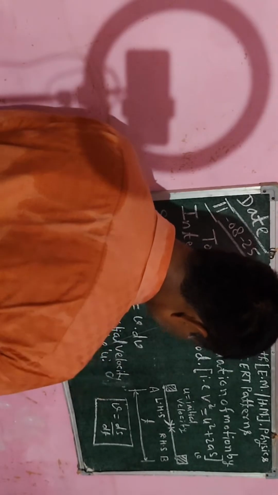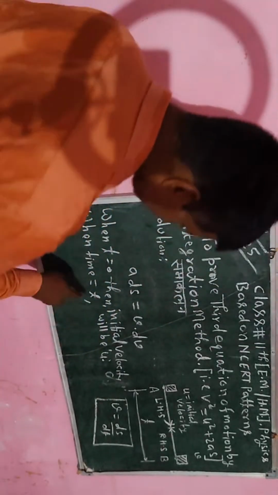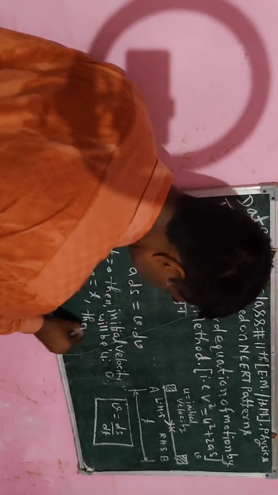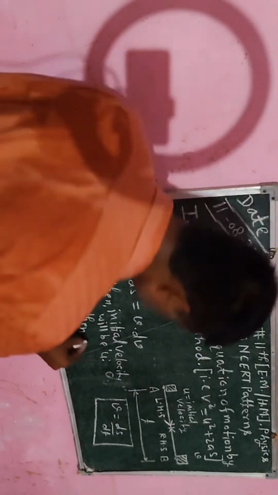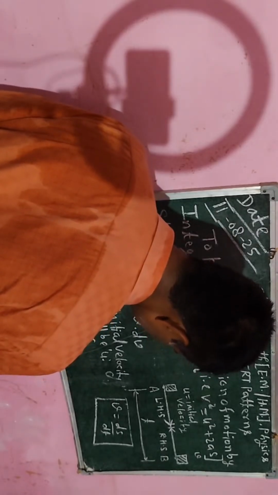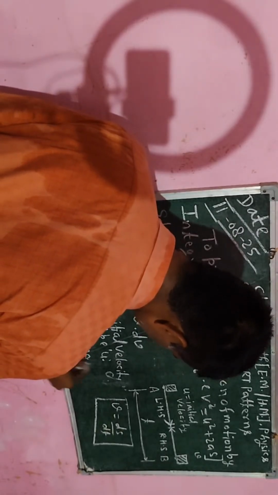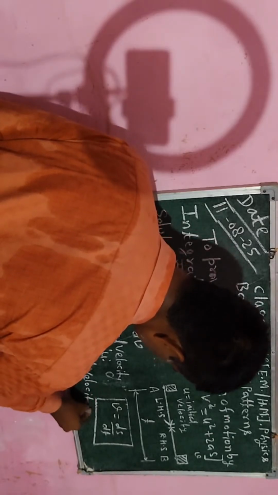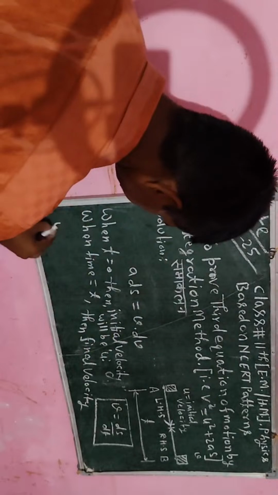So this information I have to write. But when time is equal to t, then I will write the final velocity will be v.